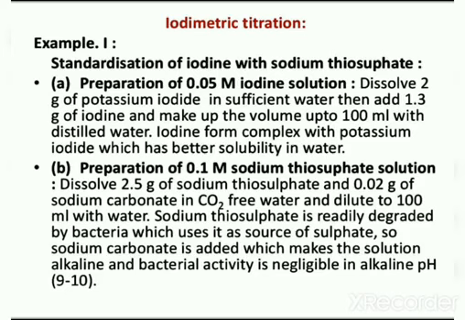Sodium thiosulfate is readily degraded by bacteria, which use it as a source of sulfate. So sodium carbonate is added, which makes the solution alkaline, and bacterial activity is negligible in alkaline pH, that is, between 9 and 10.